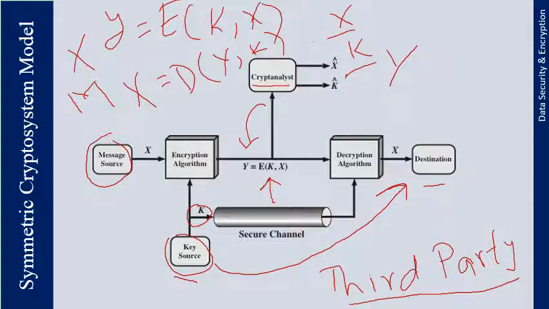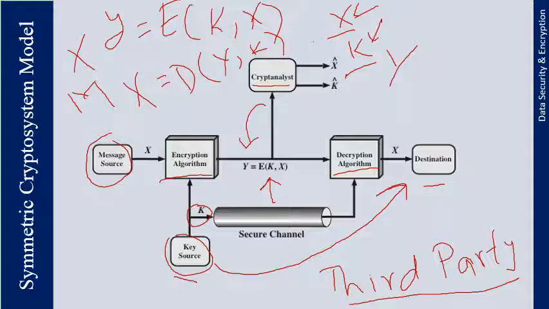However, the goal of the attacker is to obtain either the message or the key, or both, to actually find out the information. As we have already discussed, encryption and decryption algorithms are most probably public. Therefore, our cryptanalyst knows the encryption algorithm and the decryption algorithm. However, he does not know the original message and the key.